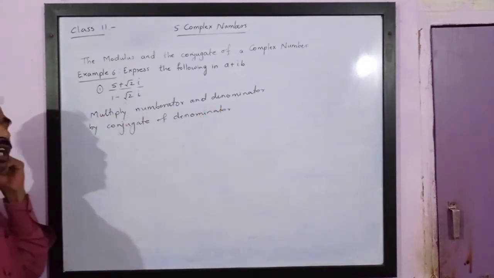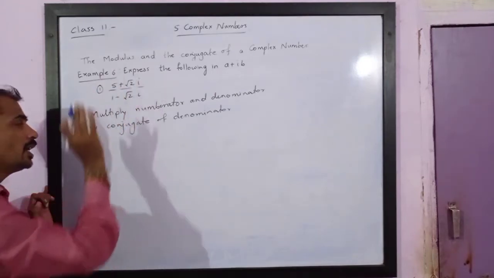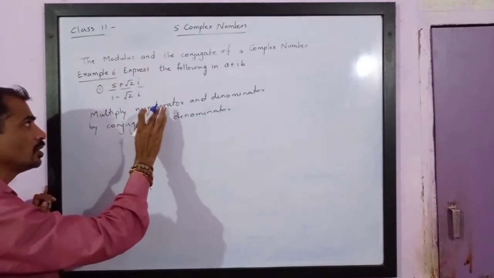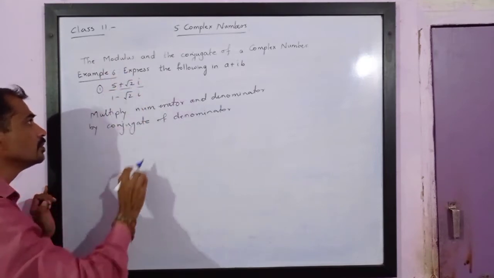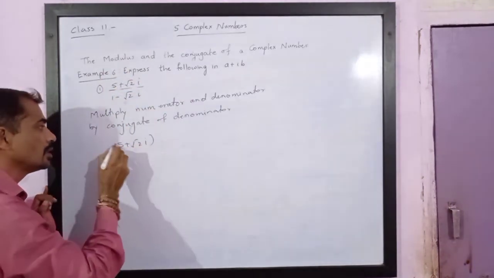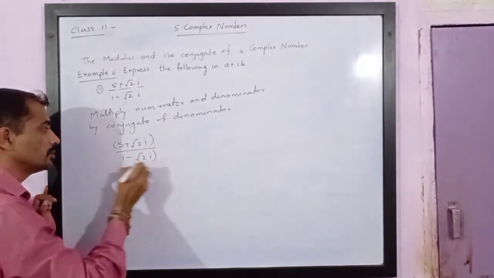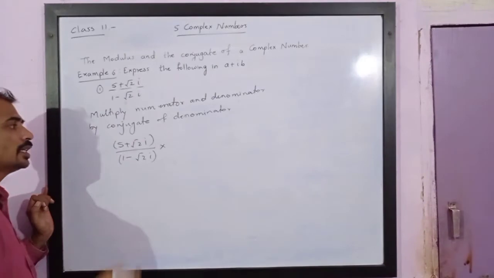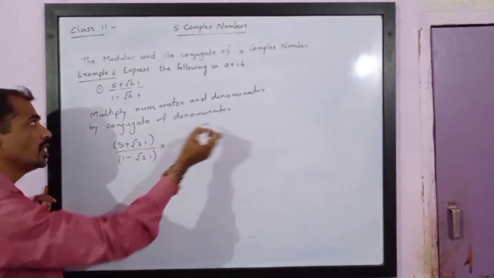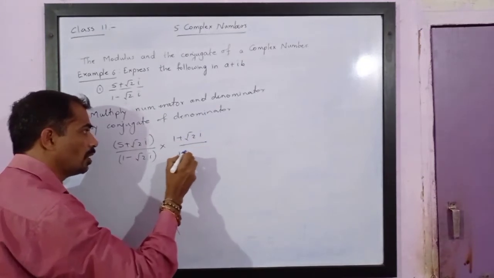For writing the conjugate we change the sign of the imaginary part. The numerator remains as it is. So this is 5 plus root 2i upon 1 minus root 2i multiplied by the conjugate of the denominator, that is 1 plus root 2i upon 1 plus root 2i.